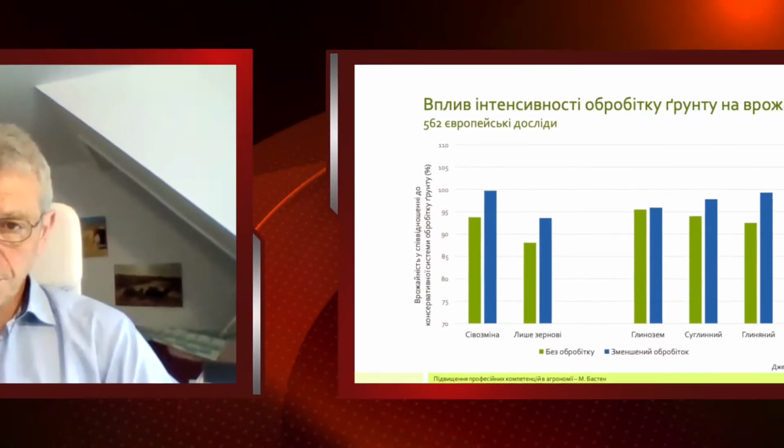And when we look at the different soil types, we see, and that is something known, that on very sandy soils the yield penalty with low or no tillage is quite severe. So we can have yield decreases in the order of magnitude of 12–13% with reduced tillage, and even 15–17% with no tillage.